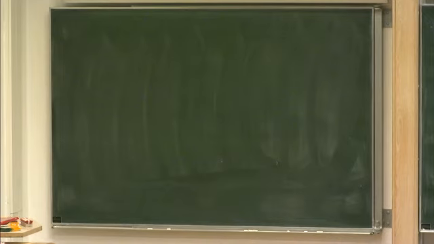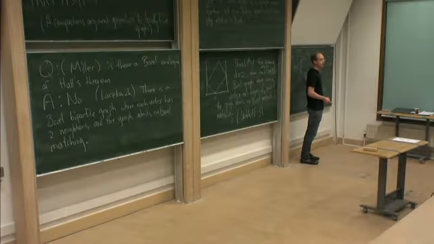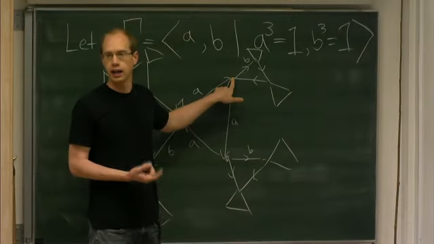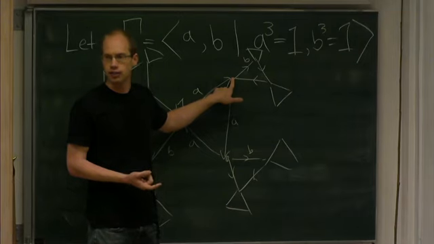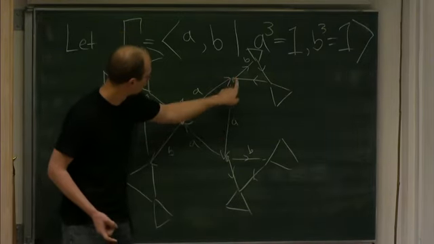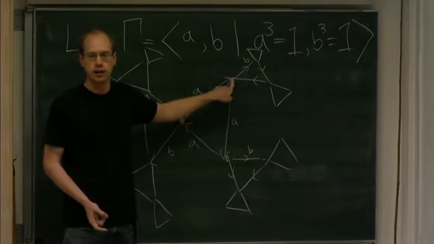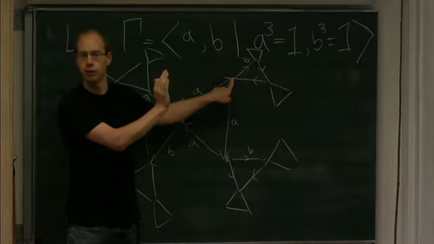So think about labeling each group element here with a natural number. If I forget what the identity is, and I just remember what edges correspond to A and B, I can pick any other point and declare that to be the identity in the group, and I have another copy of the Cayley graph. And that's how the action works. It works by shifting this point which I declare the identity and keeping the same labels everywhere on the graph.